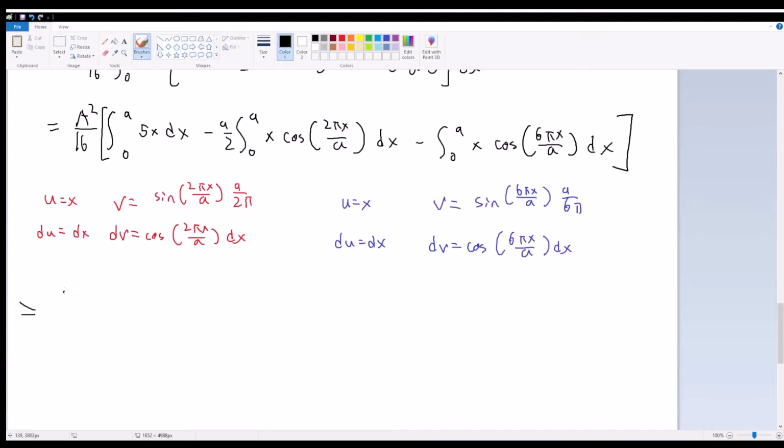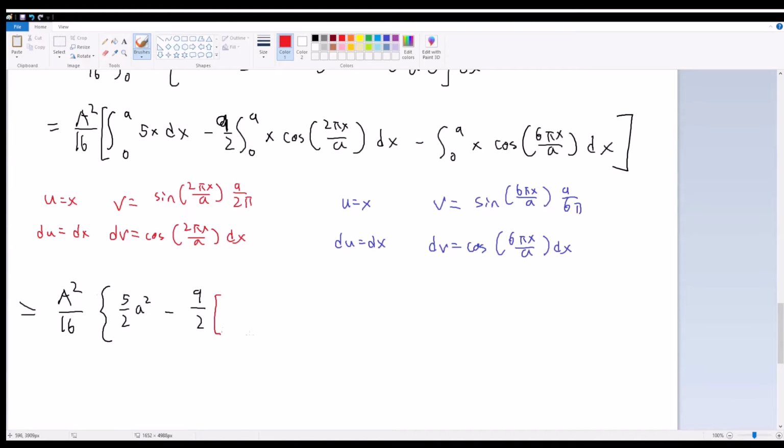Then we use integration by parts to evaluate these. Start with a squared over 16 at the front. We get 5 halves x squared evaluated from 0 to a. So this is going to be 5 halves a squared, subtracted by 9 halves, and then multiplied by the integration by parts term. So uv, which is going to be, I'm going to need a higher order of bracket to contain everything here. Let's write this in red as well.